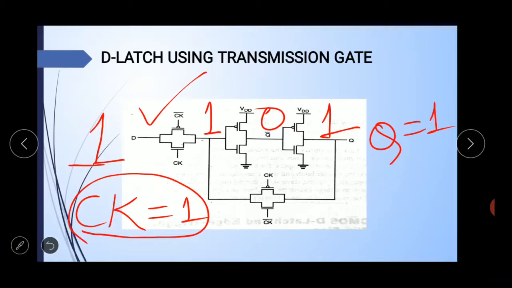But here clock bar is given and here clock is given. Because of that, here we give 0 and here we give 1. And we know that NMOS is in off condition when 0 is given at its gate, and PMOS is in off condition when 1 is given to its gate, means here it is an open circuit.